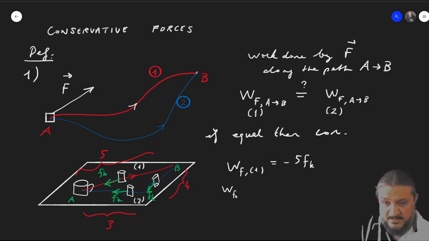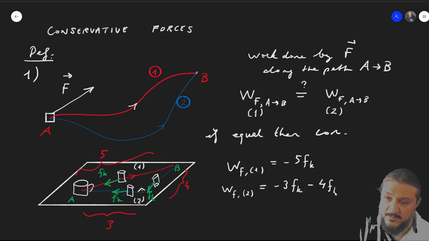Okay, what if I take the second path? Then the work done by friction, in other words, the energy dissipated by friction, right? If I take the second path, now I have to add these two parts of that trip. It's 90 degrees here. So the first part will give me negative 3 Fk, and the second part will give me negative 4 Fk.